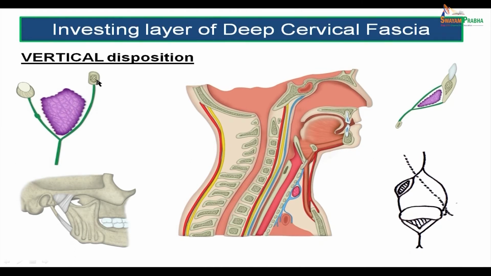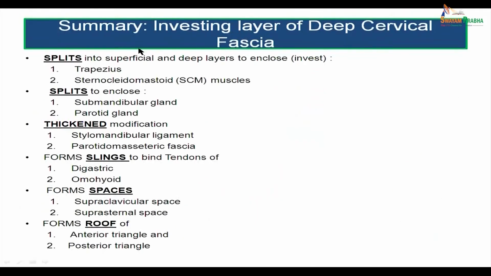It goes up and attaches to the zygomatic process, the tympanic plate, and the styloid process, and there the posterior layer forms the stylomandibular ligament. It splits to enclose a space called the suprasternal space, and it splits to enclose a space called the supraclavicular space.